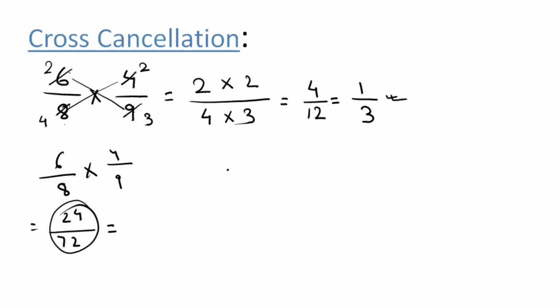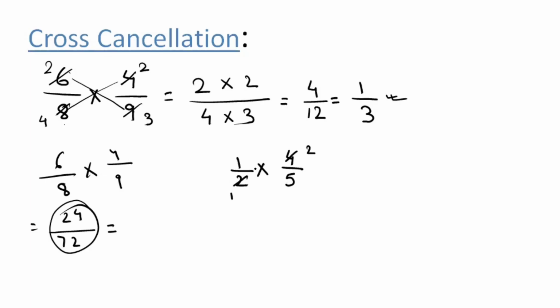Take another example. 1 over 2 multiplied with 4 over 5. Here also we can use the concept of cross cancellation. See, 4 here, 2 here. 2 times 1 is 2. 2 times 2 is 4. Here it is 1, here it is 5.